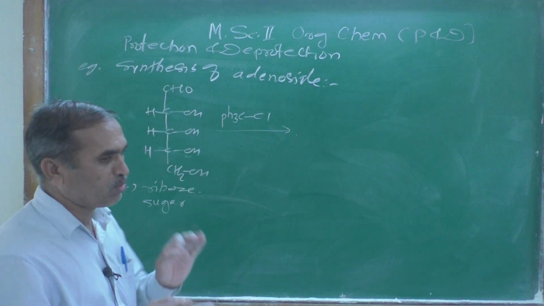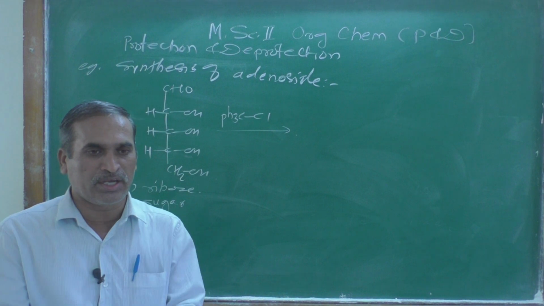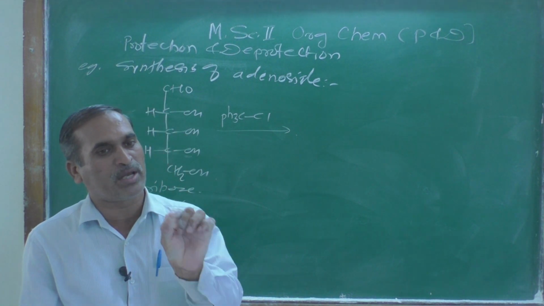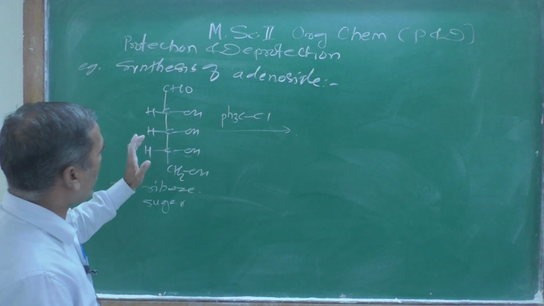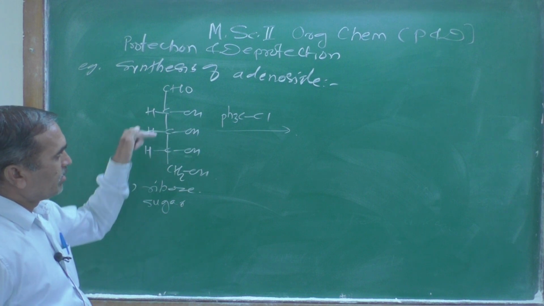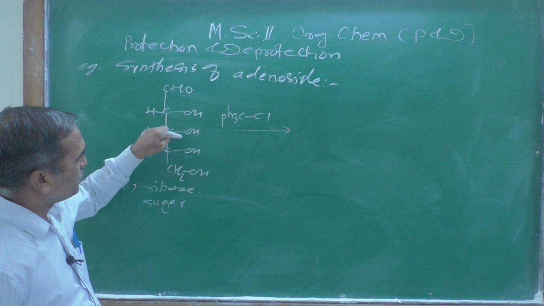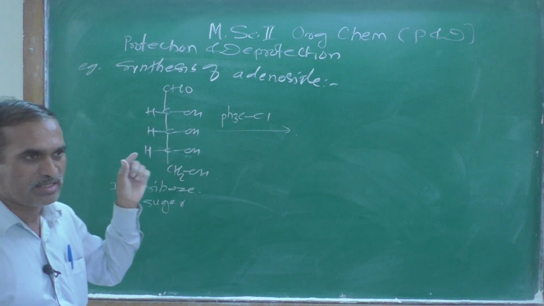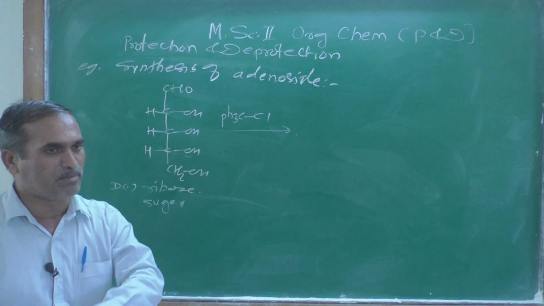The speciality of trityl chloride is that it selectively protects the primary alcohol only, not the secondary. Look at the number of OH groups present in this ribose: 1, 2, 3 and 4. Among these, 1, 2, 3 are secondary alcohols and only one is a primary alcohol.